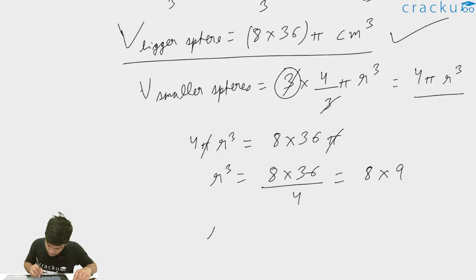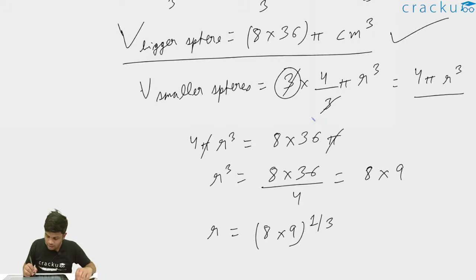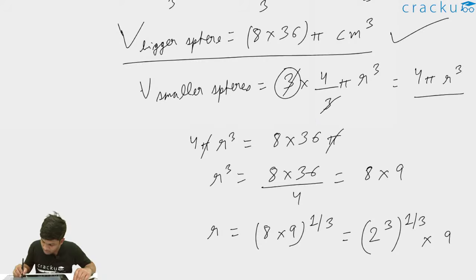So from here you will get r is equal to 8 into 9, to the power 1 by 3. Now if you look carefully, 8 is nothing but 2 cube, and to the power 1 by 3 will give us something like this, into 9 to the power 1 by 3.